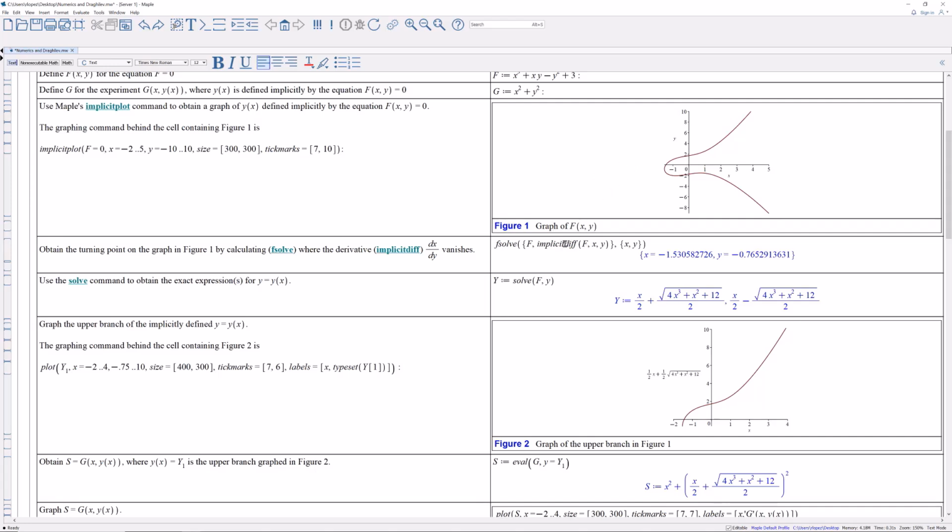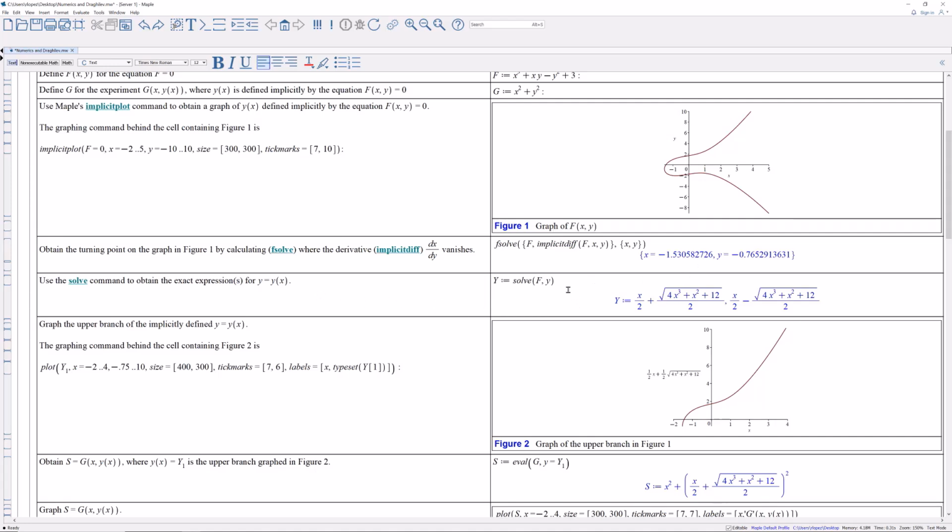So I'm using the implicit diff command. The function is a function of x and y. Y tells Maple that x is a function of y. And then I used fsolve to solve the resulting equation. I don't have to put equals 0 because Maple assumes that, and you get an approximation to the turning point.